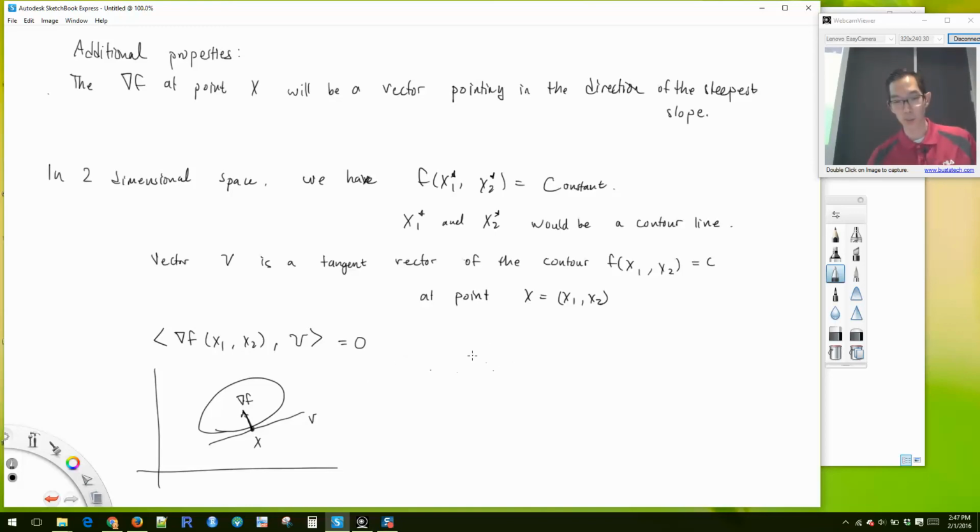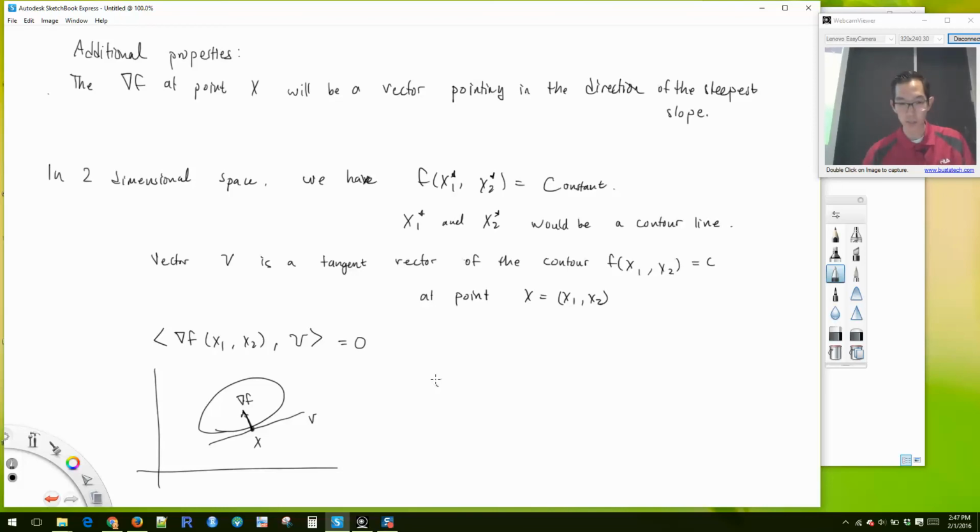So basically that means the vectors tangent to a contour are perpendicular to the gradient at that point, okay?